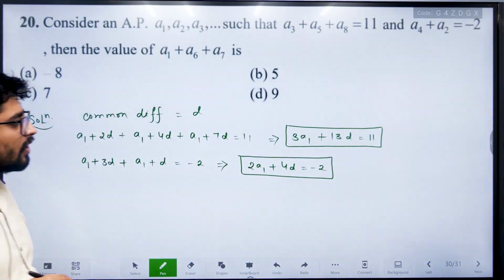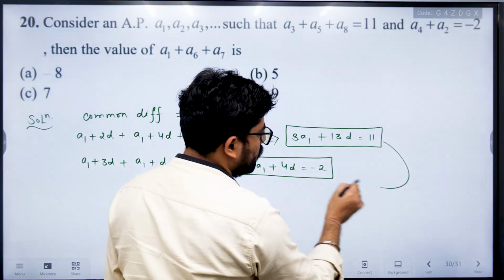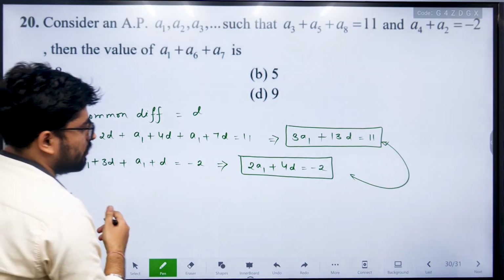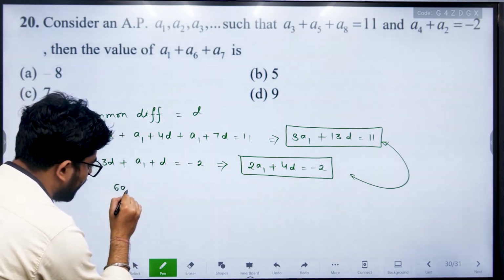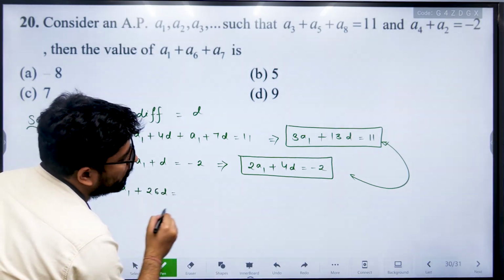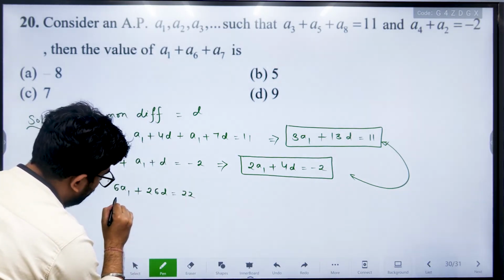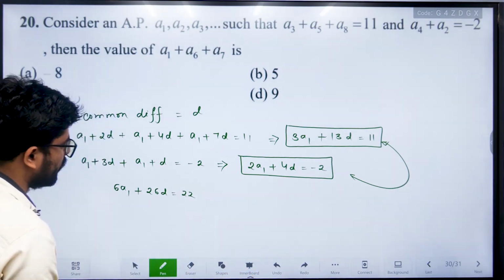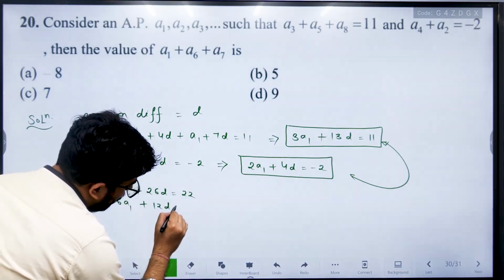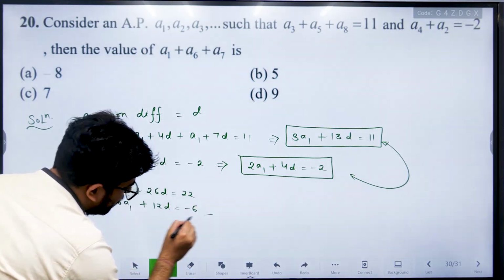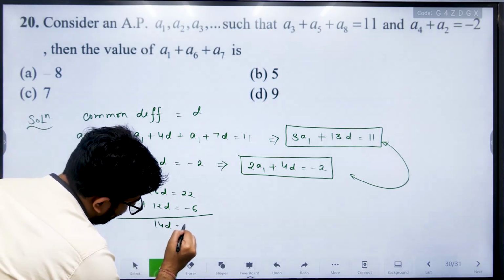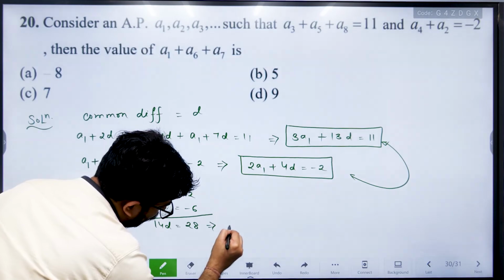Now multiply the first equation with 2, you get 6A1 plus 26D is equal to 22. Multiply the second equation with 3, you get 6A1 plus 12D is equal to minus 6. When you subtract, you get 14D is equal to 28, so D is equal to 2.